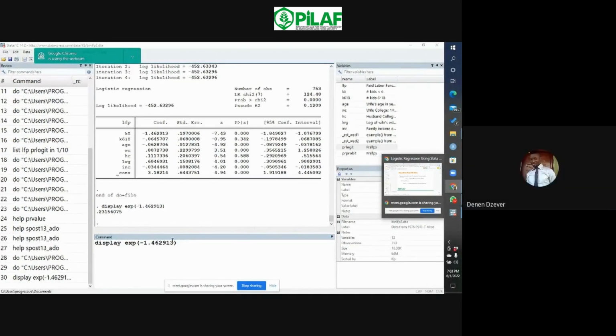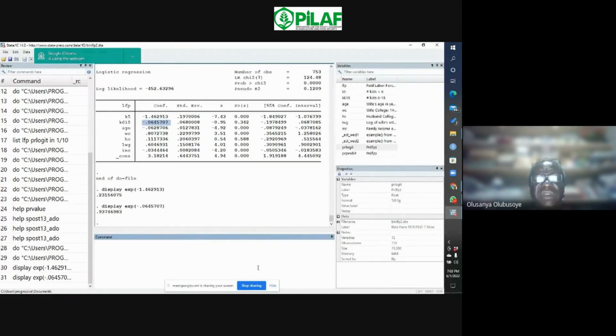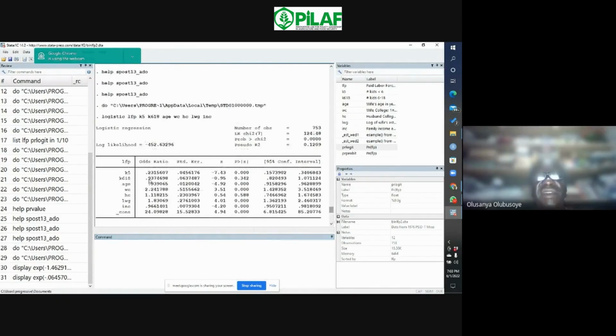So just to explain again, if I take the exponent of the coefficient of K16, you will see this is 0.9374.